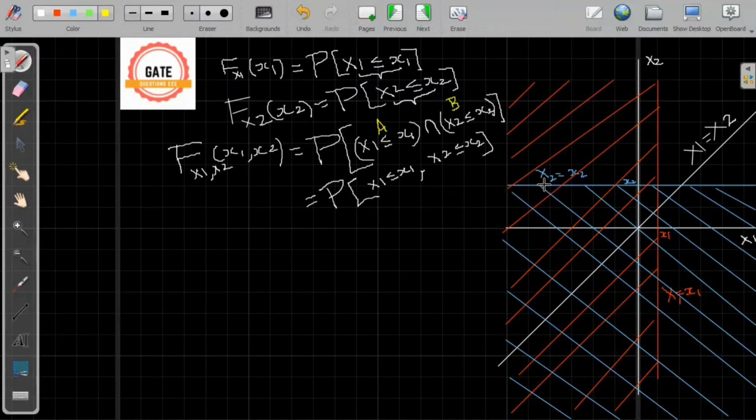We can see the region that is common to both A and B will be the region that has cross lines, that has both blue and red lines. So I am going to draw here that common region with yellow lines.